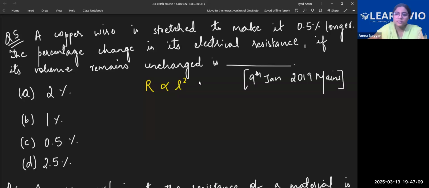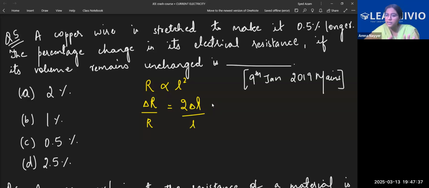So what you do, you have studied error analysis in your class 11th. You apply that concept. See, when we have error analysis and when we write the equation in the fraction form, we write this as change in the resistance by original resistance equal to, whenever the power is present, power gets multiplied, delta L by L. If you remember, you must have done this in your error analysis, units and dimension.